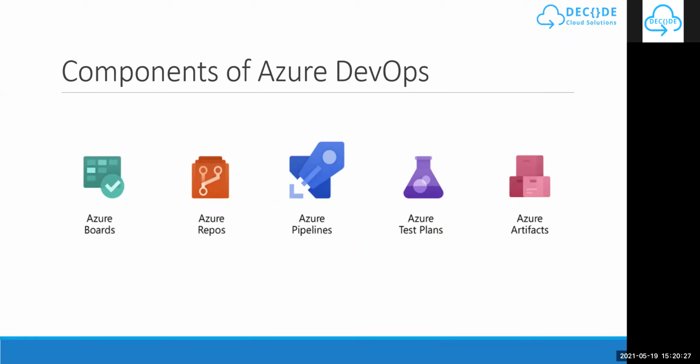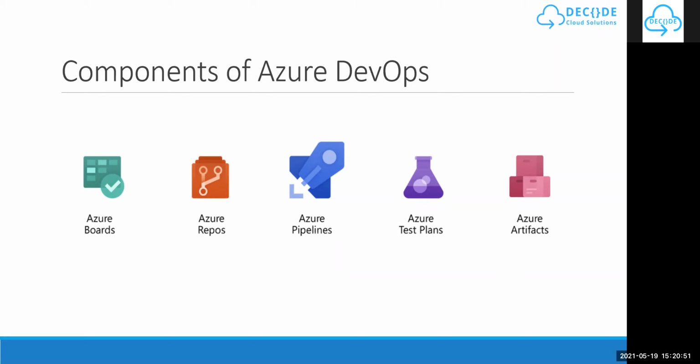Now, if we talk of the components of Azure DevOps, let's take a look at what components there are which we can utilize for our benefit. We have Azure Boards, Azure Repos, Azure Pipelines, Azure Test Plans, and Azure Artifacts. These are the 5 major components.